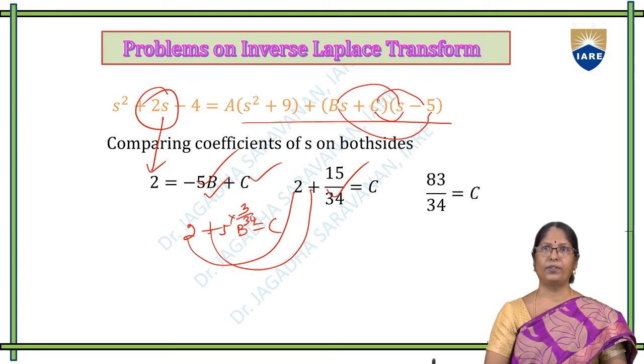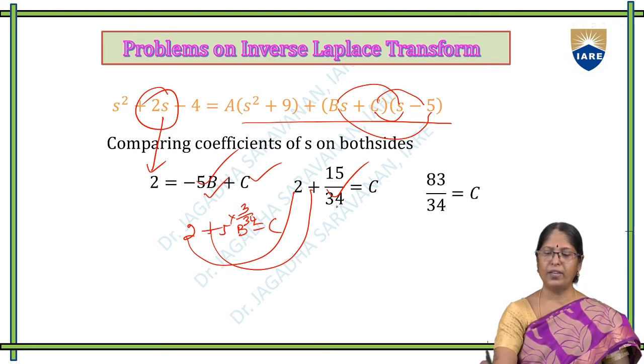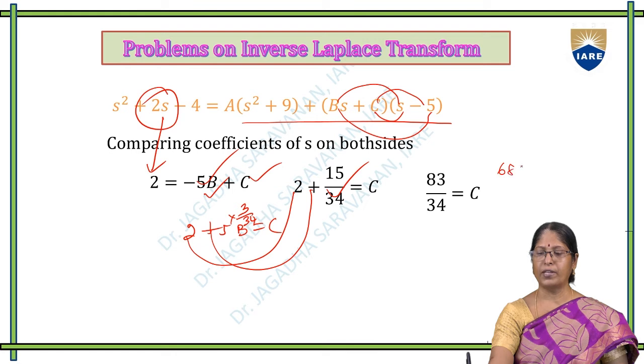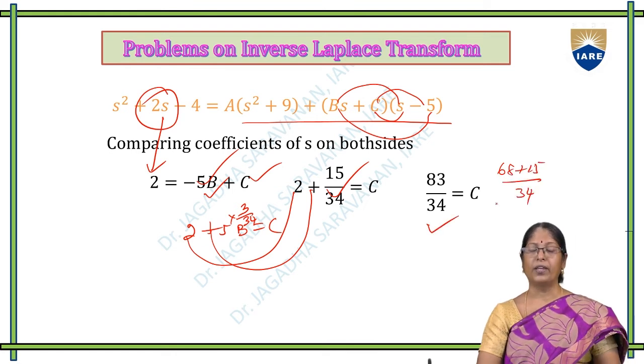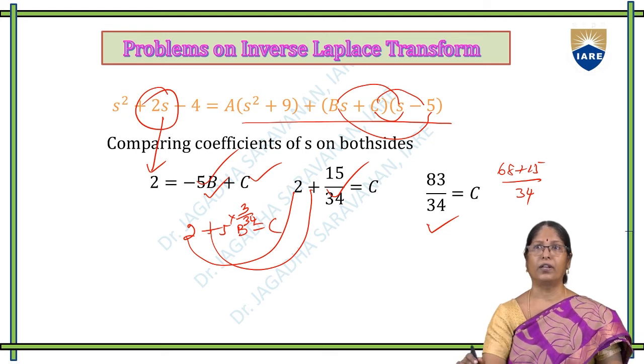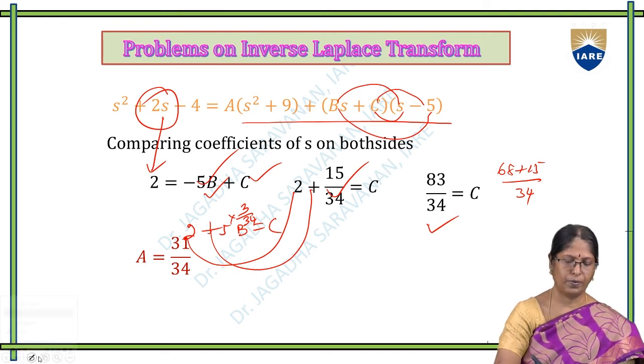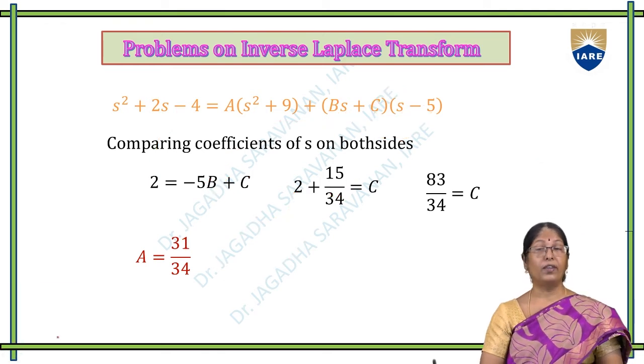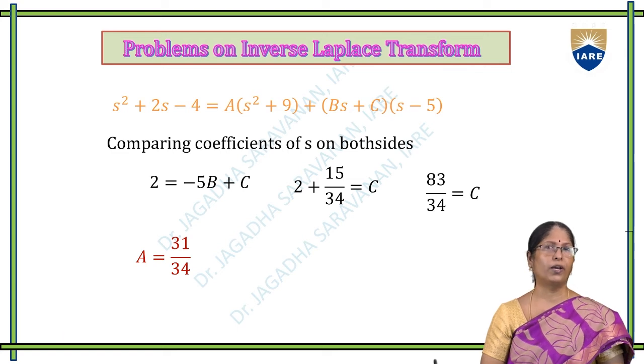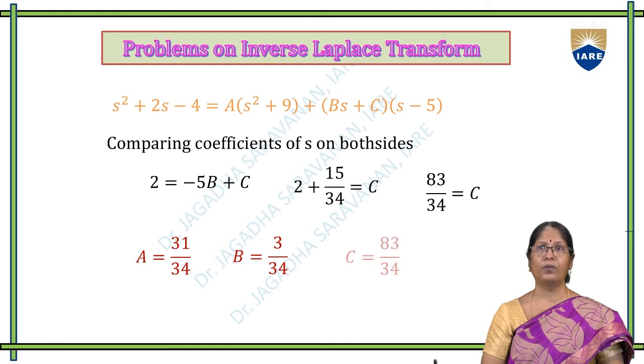So c equal to, we are taking the LCM, 68 plus 15 divided by 34, we got 83 by 34. All the values we got: a equal to 31 by 34, b equal to 3 by 34, c equal to 83 by 34.